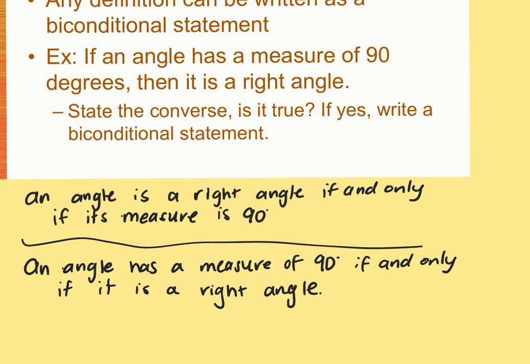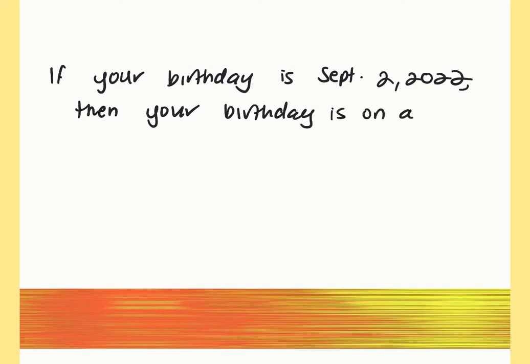You can only form a biconditional statement if the original statement and its converse are both true. So let's think about what happens if it was not that way. I can say, if your birthday is September 2nd, 2022, then your birthday is on a Friday.